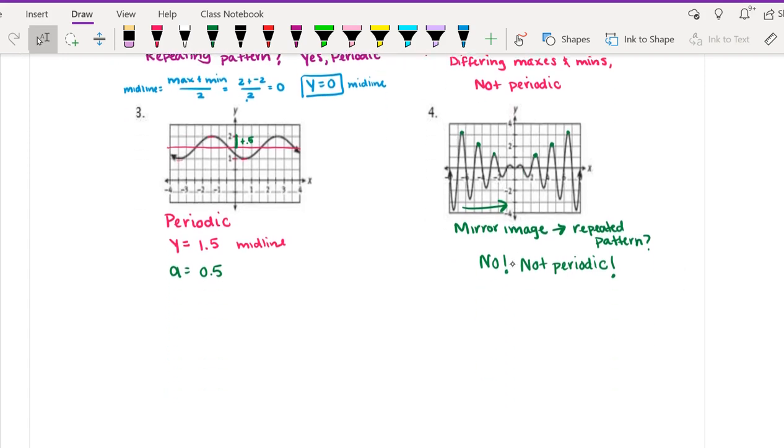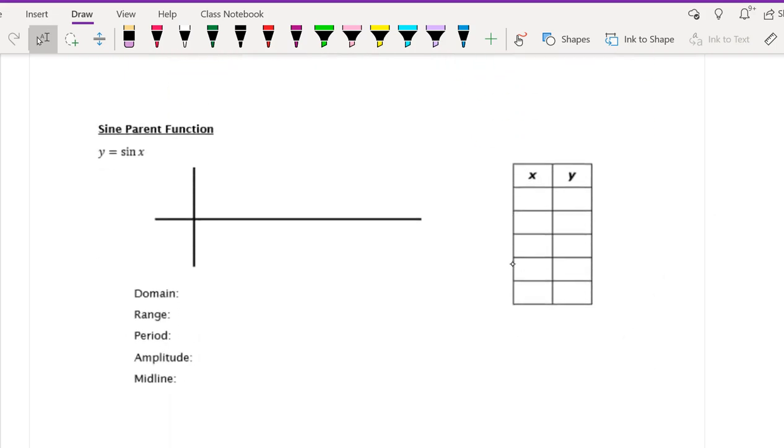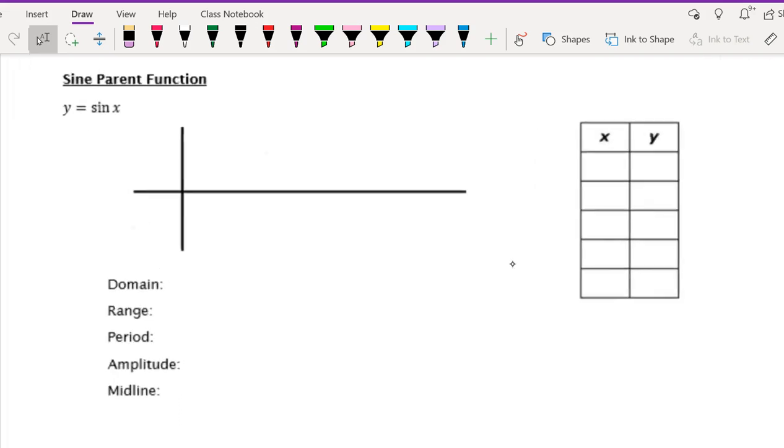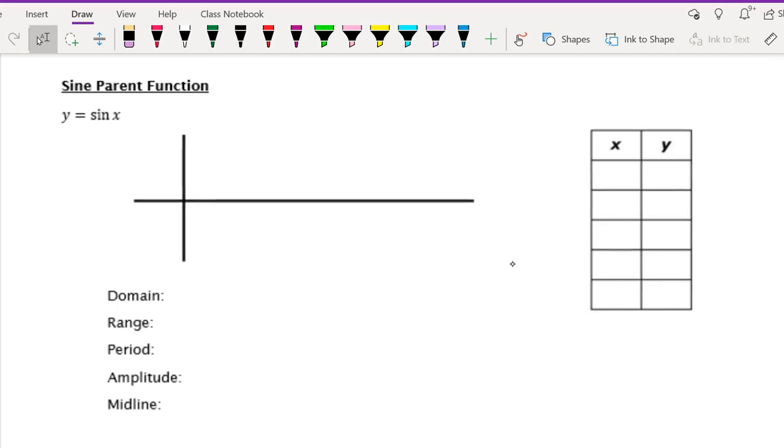Okay, all right. So now to conclude, we're going to look at what the function of sine looks like. And so our parent function is known as y equals sine x. If you remember from our work on the unit circle, the sine value was y.